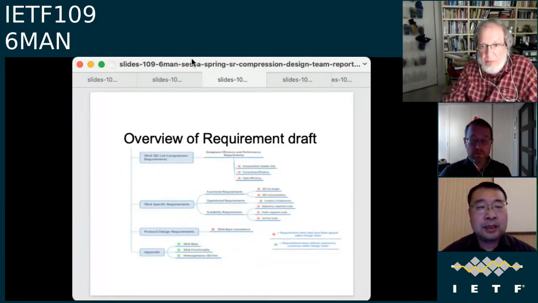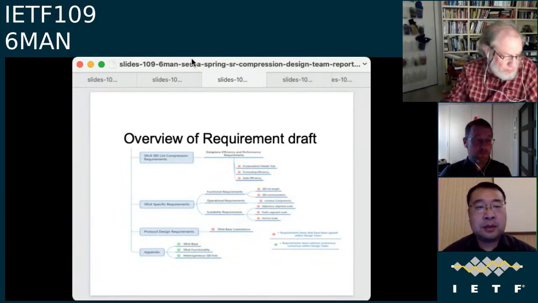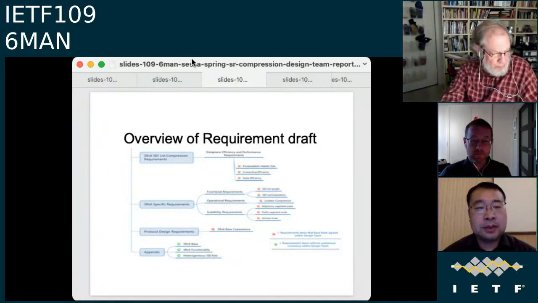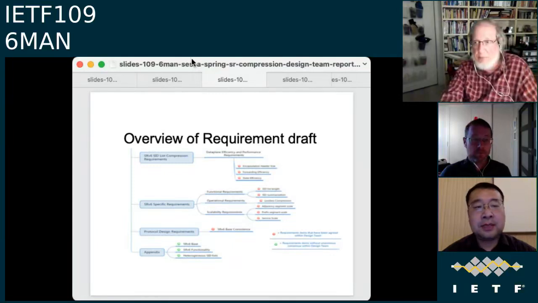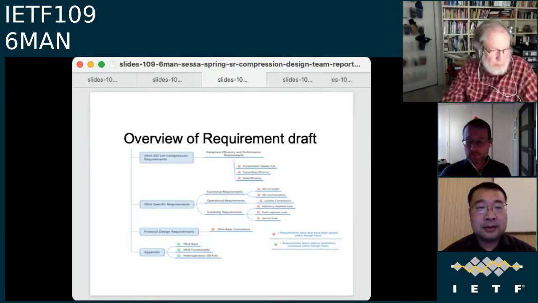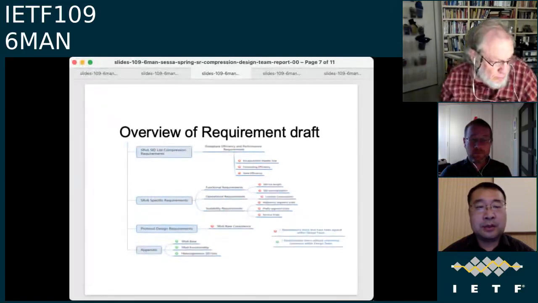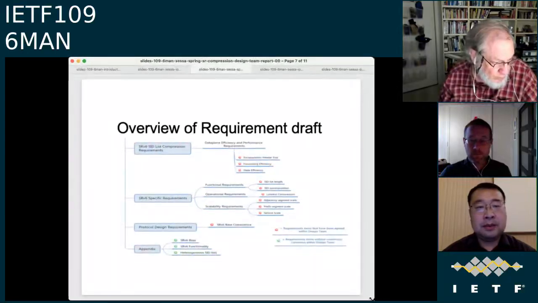As well, we have an appendix in this draft, which contains some requirements without unanimous consensus within the design team. In the figure, the items with the red flag are those which have been agreed within the design team. The ones with the green flag are those without unanimous consensus within the design team. So next page.